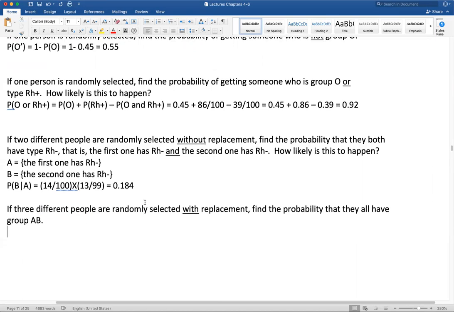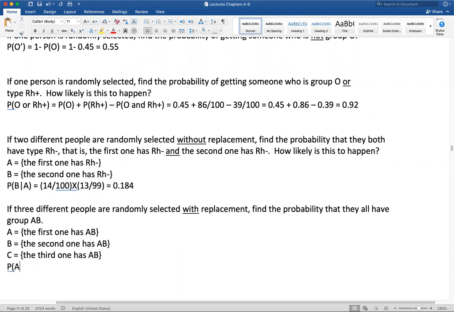Let's say A is the first one has AB, B is the second one has AB, and C is the third one has blood type AB.